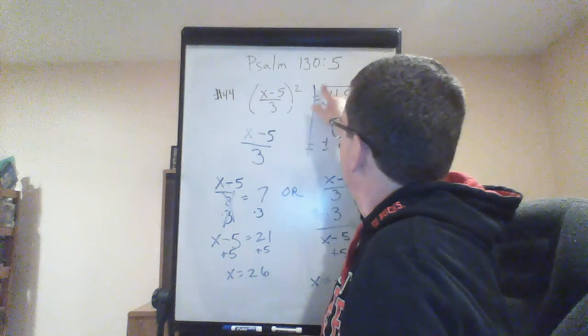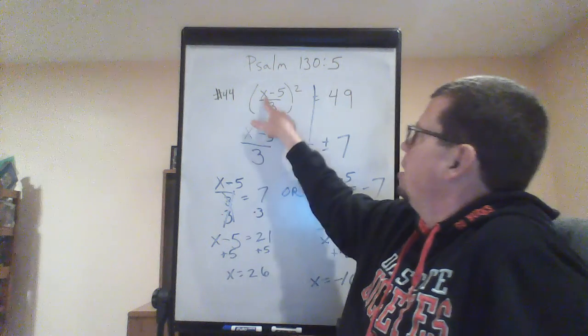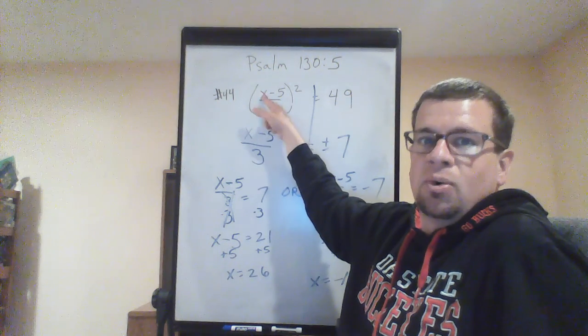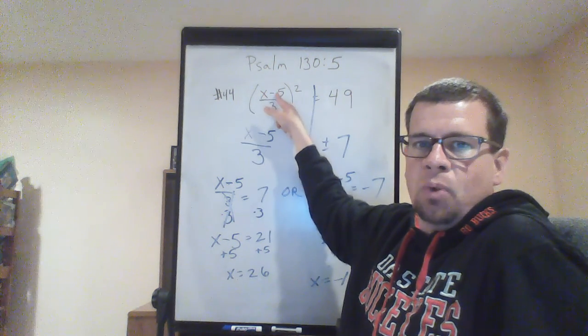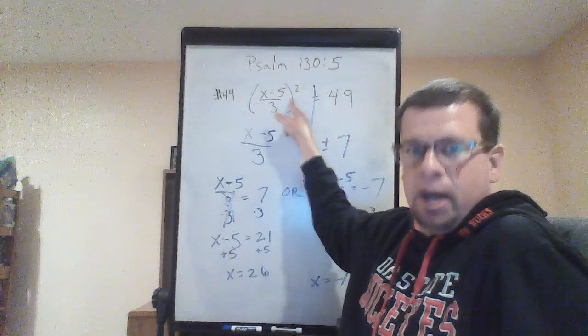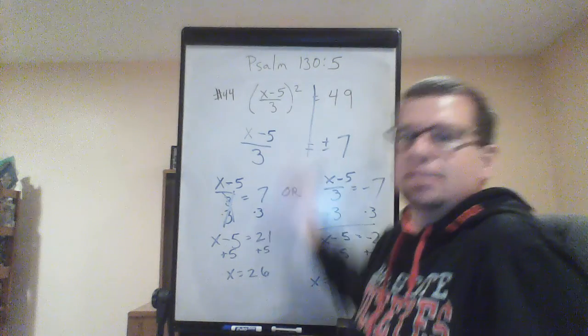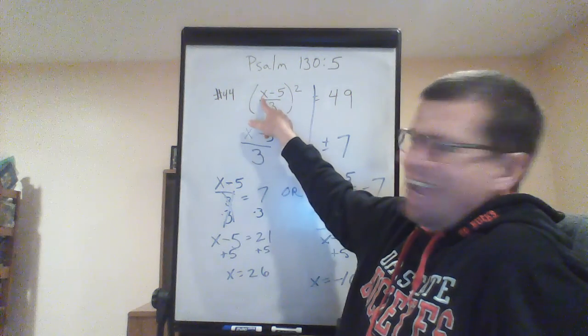So I'm going to go back to the original. Let me get rid of these square roots. If I put in 26, again doing order of operations, 26 minus 5 is 21. 21 divided by 3 is 7, and 7 squared is 49. So 26 makes that equation true. What about negative 16?